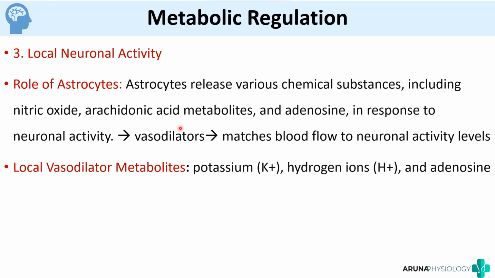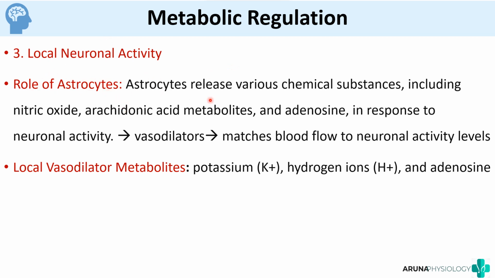Suppose we are utilizing our visual ability to concentrate on something. What happens? The blood flow to the occipital area increases. So based on the neuronal activity, the blood flow to that area increases. And they say the major cause for such differential blood flow during each type of activity is this local neuronal activity, especially that of astrocytes.